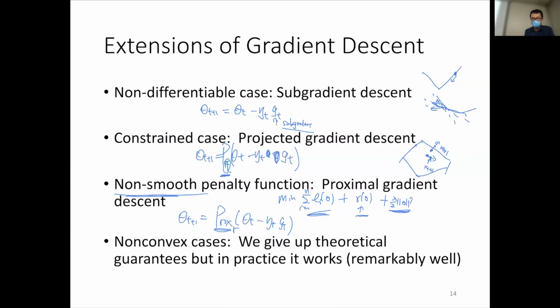But you can still get it to work and show some weaker theoretical guarantee, say that the algorithm will converge to a point near a stationary point rather than the actual optimal solution. In practice, these gradient descent algorithms work remarkably well in non-convex problems, even though we don't have much to say about them.